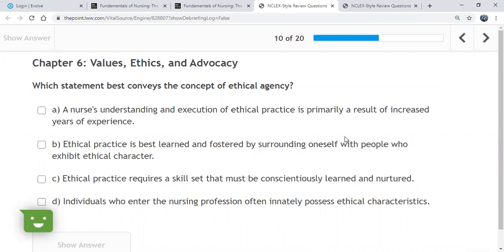Which statement best conveys the concept of ethical agency? Any guesses, guys? I think C. Let's see.